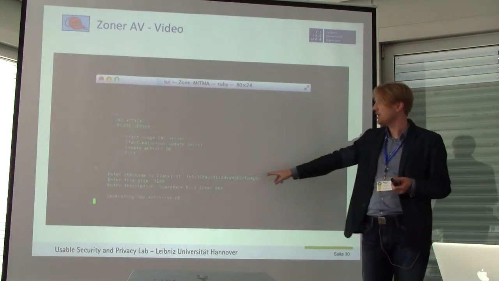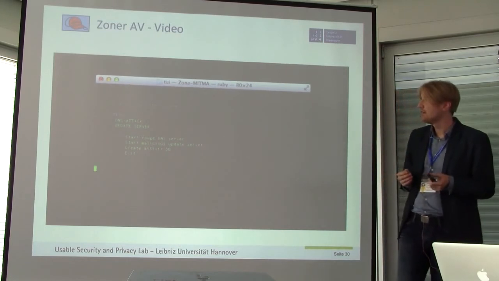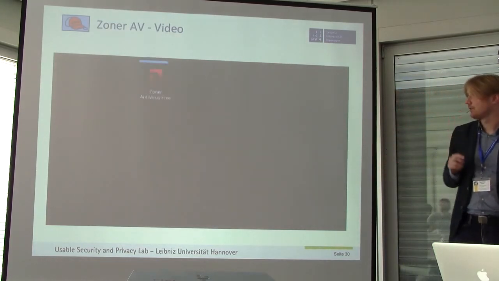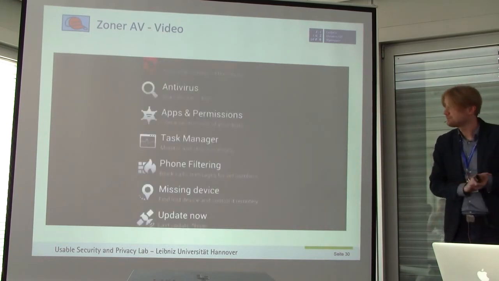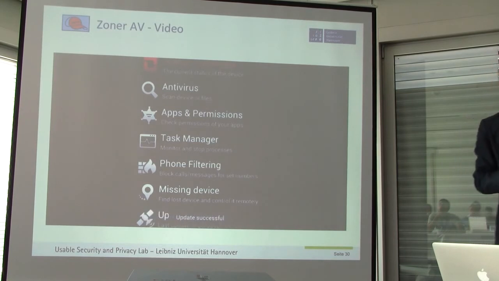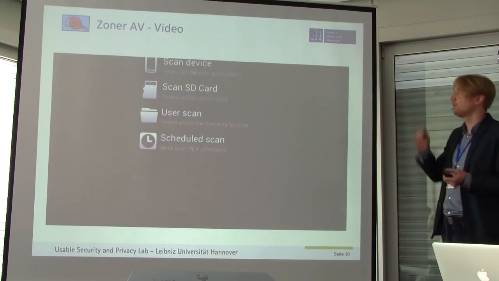We give it the checksum of an app which we would like to blacklist as a virus. And then we start the phone and the antivirus app, and we activate the update mechanism. Now our rogue DNS server redirects it from the update server to our malicious database. It then updates it, and as you saw, that all went fine.